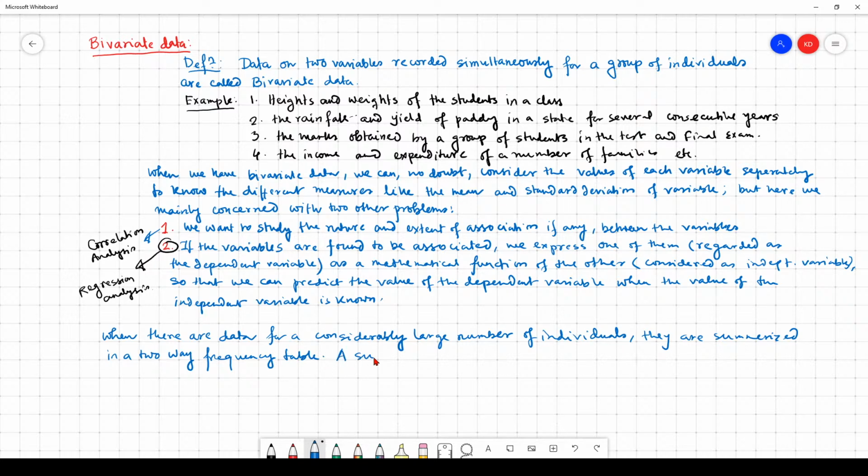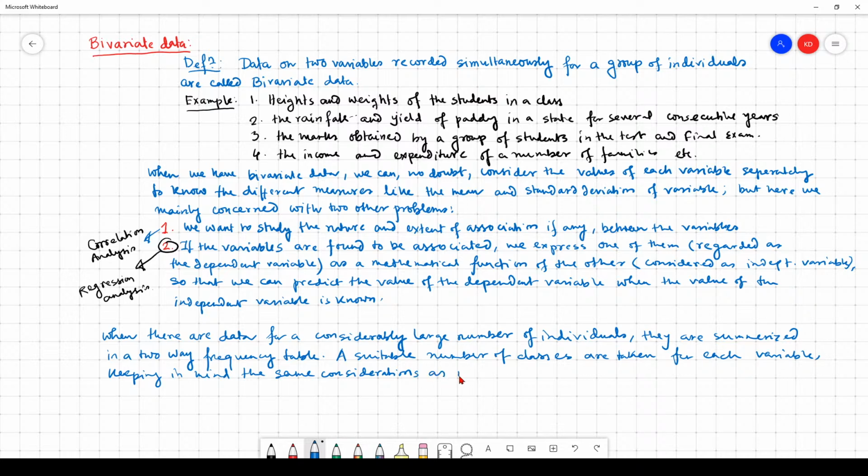A suitable number of classes are taken for each variable, keeping in mind the same considerations as in the univariate case.